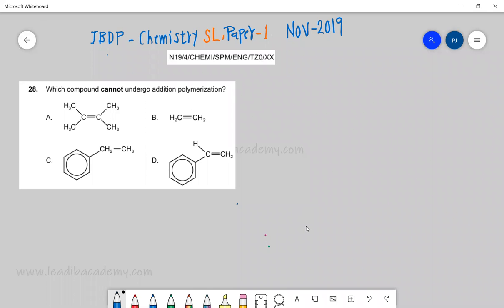Question number 28: which compound cannot, very, very important, undergo addition polymerization? Let's look into this. Option A: H3C, double bond, CH3, CH3.